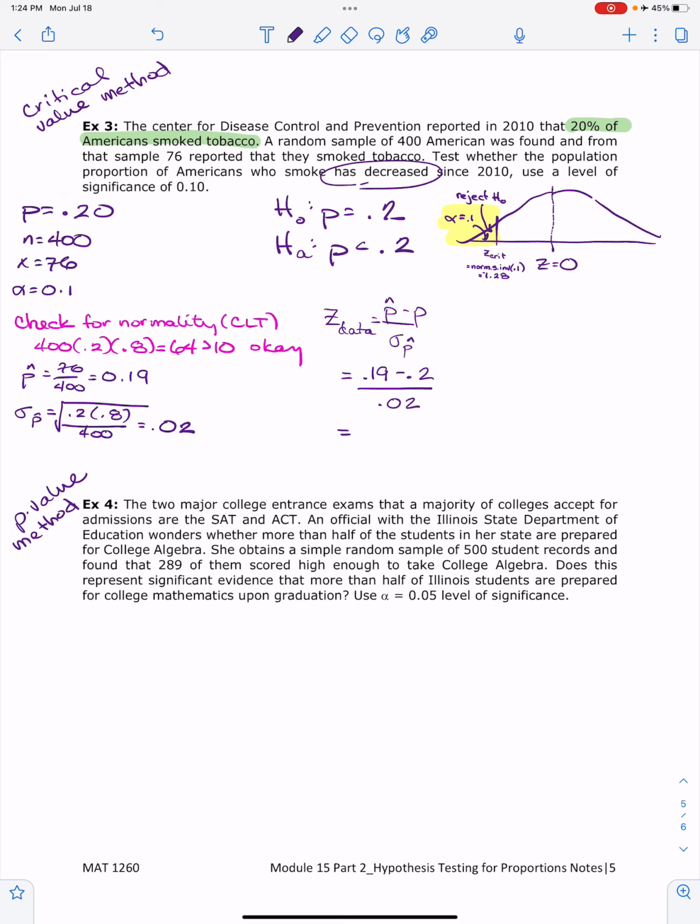And I get a z data score. It's a z-score for my sample proportion of negative 0.5. Okay. So let's think about where that lives.